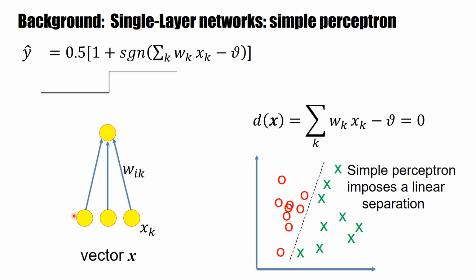A simple perceptron is able to implement a linear separation. That means with a simple perceptron, we can only learn linearly separable problems.